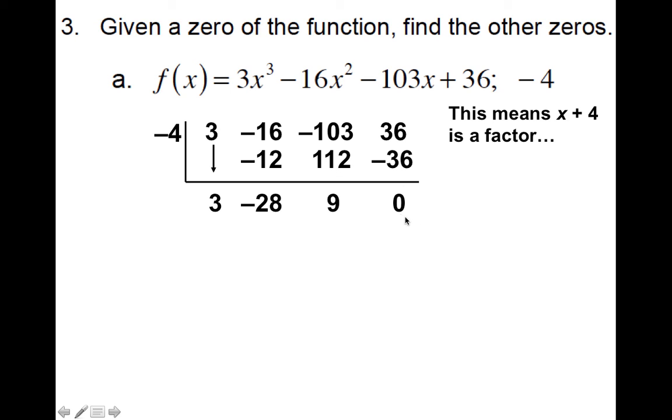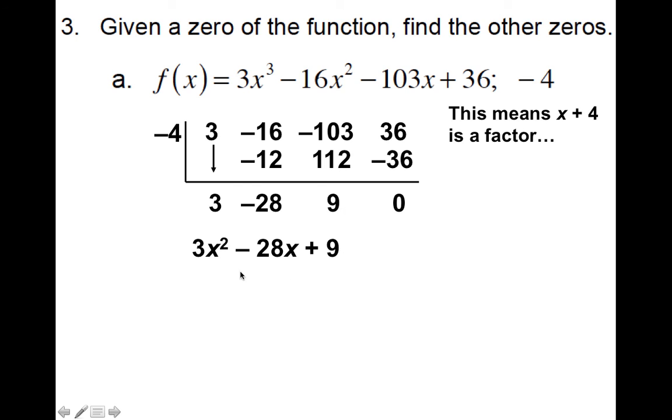Again, you should have a remainder of 0 if you are given a solution to the function. So we're going to rewrite this with decreasing the power by 1. So if this is x cubed, this is going to be starting with x squared. So we have 3x squared minus 28x plus 9.